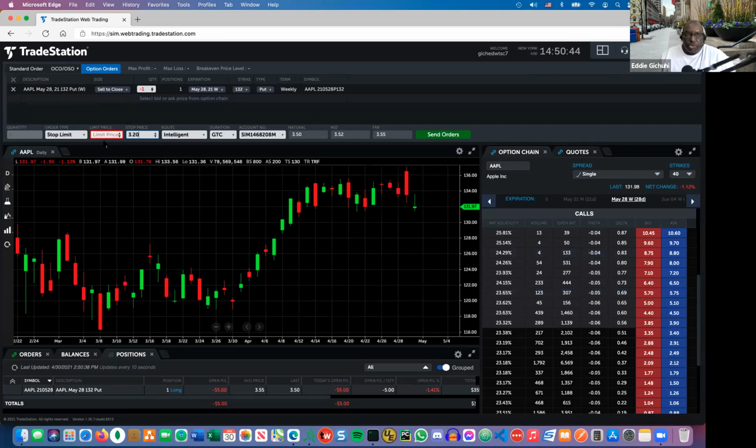And the maximum I want to pay to get out is $3. Do you see that? One of them is called stop price. The other one is called limit price.